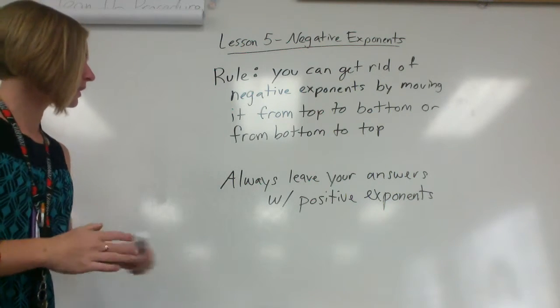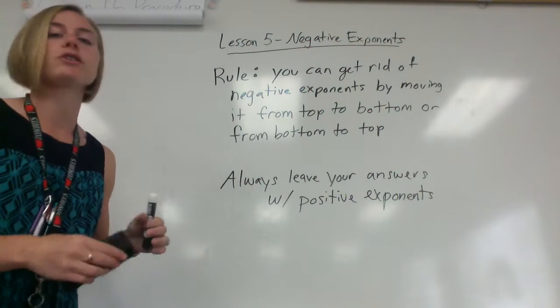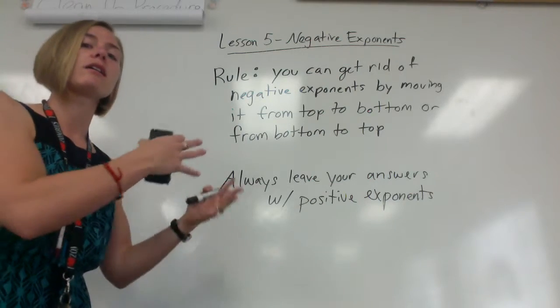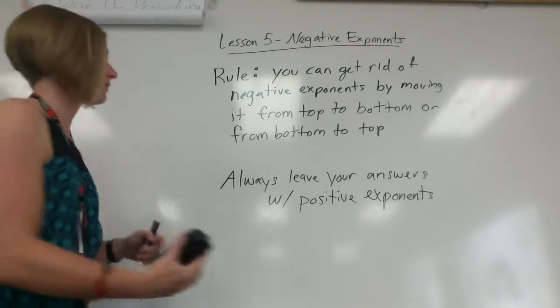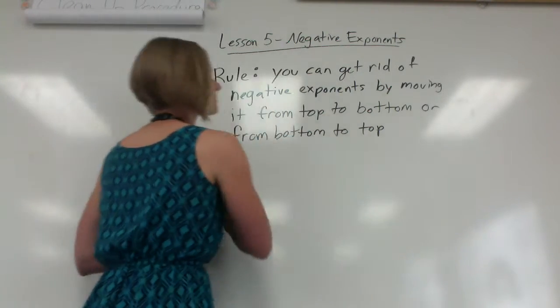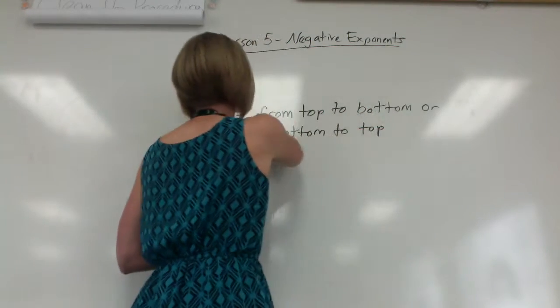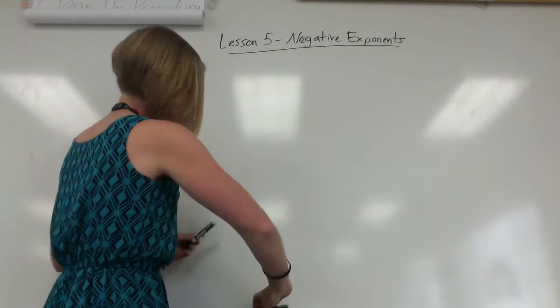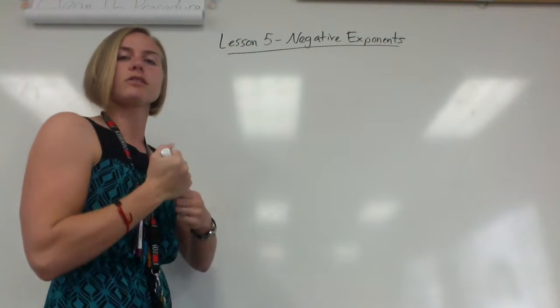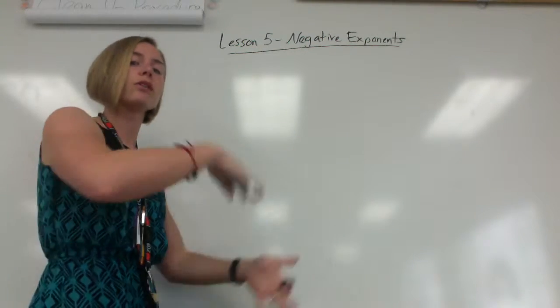Okay? So one last thing before this video is out, I just want to show you going the other way. So making positive things negative. Not that you'll use this much in this class, but it's just good to know that you can go the other way.